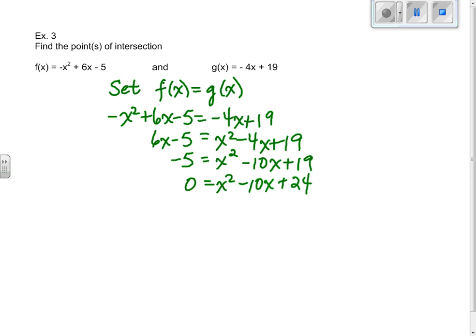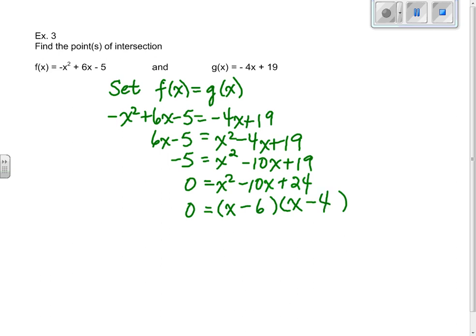I could use the quadratic formula, but factoring is far faster if it's possible. So I'm going to take a quick second and see if I can factor since it's a simple trinomial. Simple trinomial would be factored as x and x. Two numbers that multiply to a positive and add to a negative would both be the same sign and would both be negative. Multiplying to 24 and adding to 10 would be a 6 and a 4.